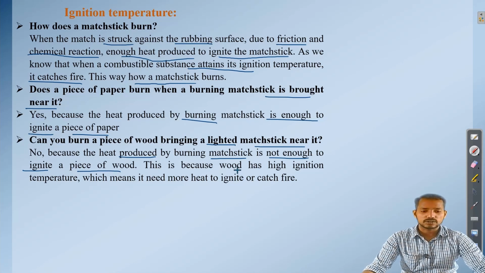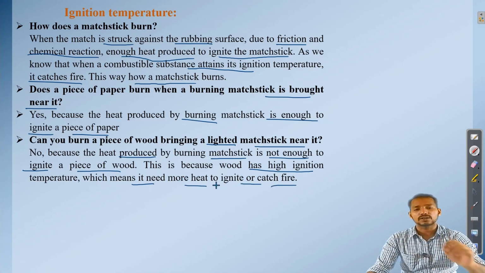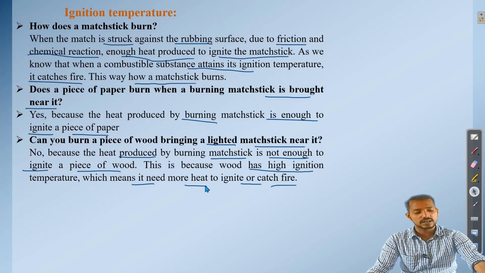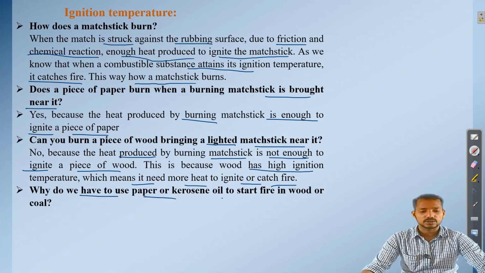So this is because wood has a high ignition temperature, which means it needs more heat to ignite or catch fire. So to ignite it, what will you do? We need to burn some substance as an initial agent. That question is here: why do we have to use paper or kerosene oil to start a fire in wood or coal?